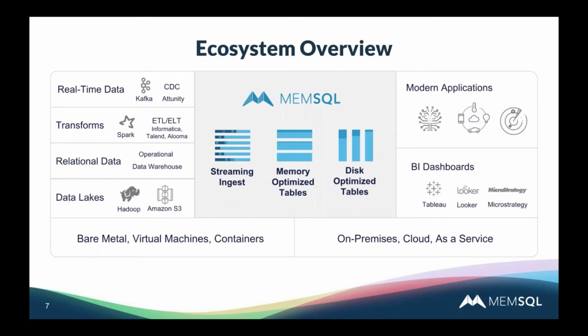Now, one of the nice things about MemSQL is that, as a general purpose SQL database, it has a very broad ecosystem of tools that work well with it. So on the left are data sources that work with MemSQL.